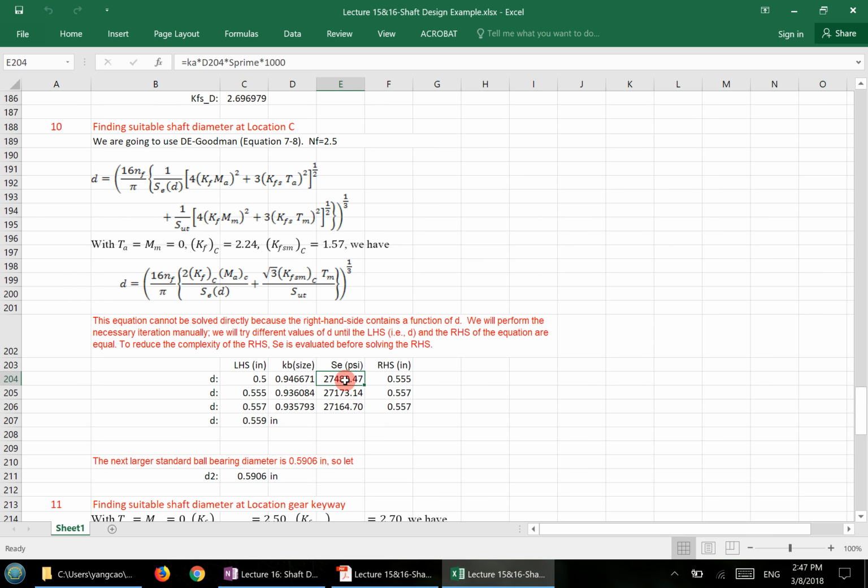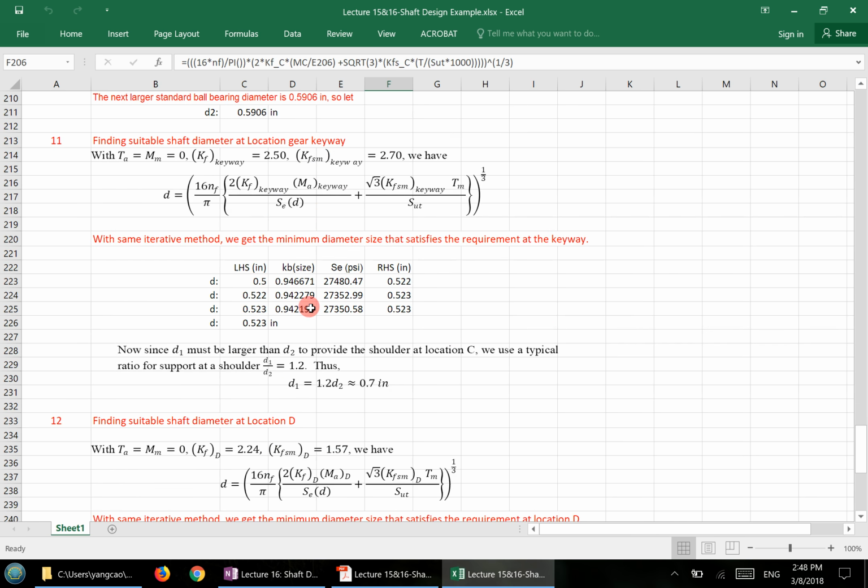You can find the SE here, and then using the right-hand side, which is this formula, you get the first result of the first iteration. Coming back to the left-hand side, you substitute again based on this updated D value, calculate KB, calculate SE again, and get another one here. You see they converge quite quickly. At the end, it converges to 0.557.